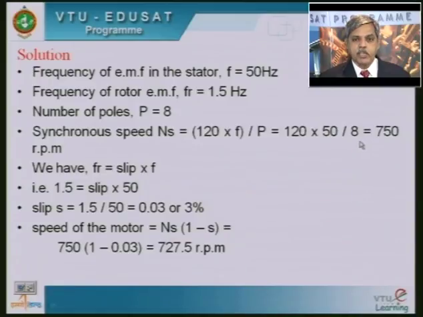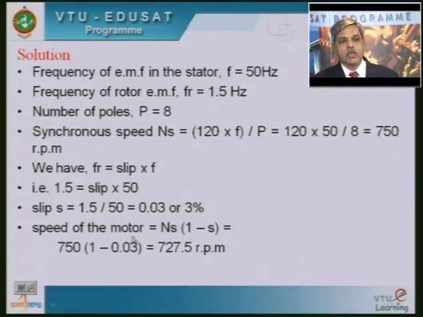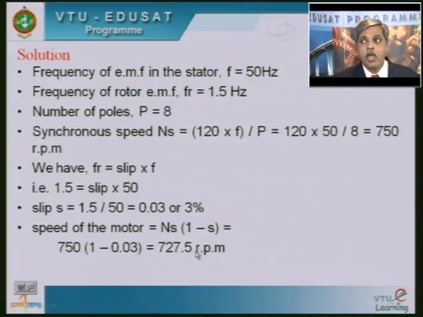Then Fr is equal to slip times F, so 1.5 is equal to slip into 50. This gives slip as 0.03. Using the relationship Ns into (1 minus S) equal to the motor speed, I can calculate the speed of the motor as 727.5 rpm.